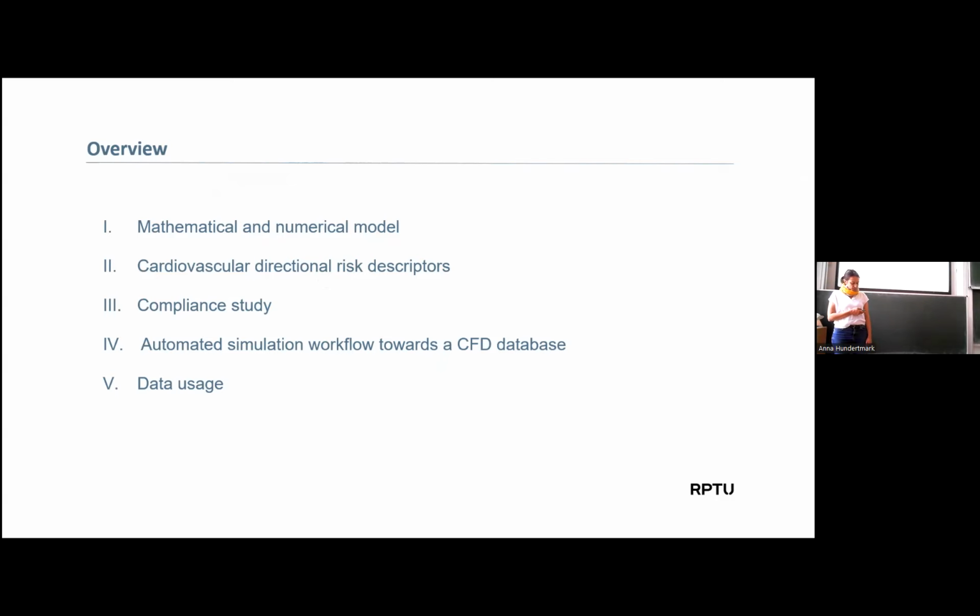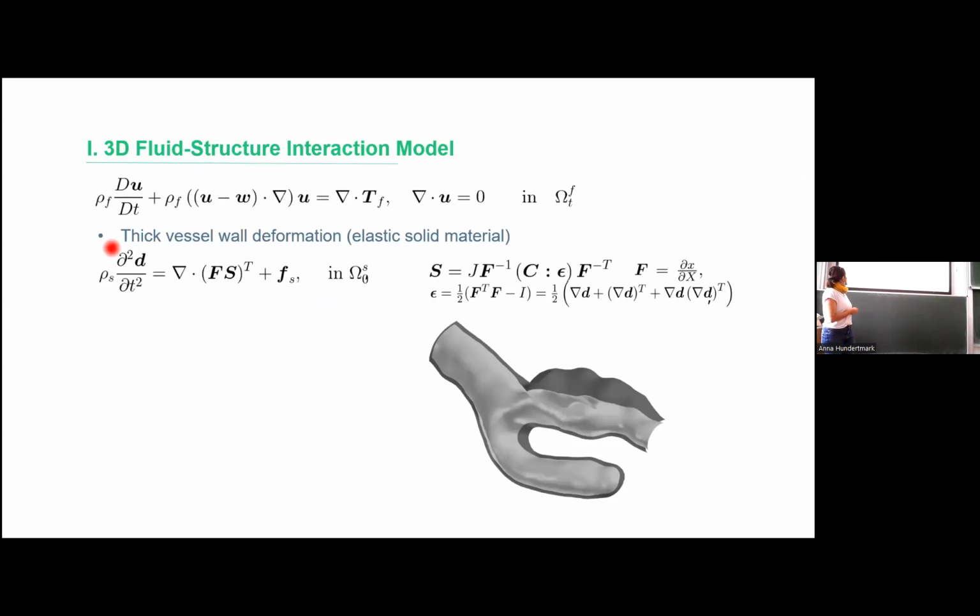Then about the compliance study, which is related to fluid structure interaction modeling. Then I would like to say something about our automated simulation flow, which we developed in order to generate a big database of hemodynamics data, and a couple of words on the data usage. So first we have a fluid structure interaction model.